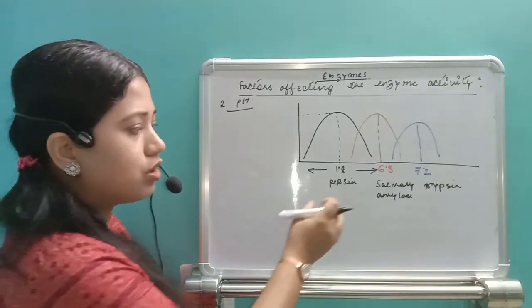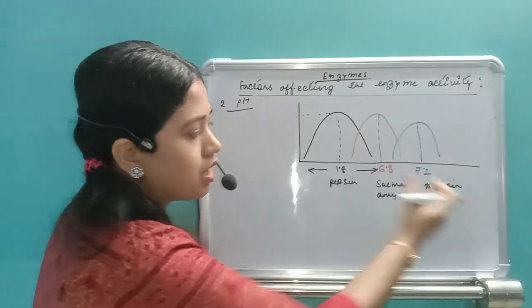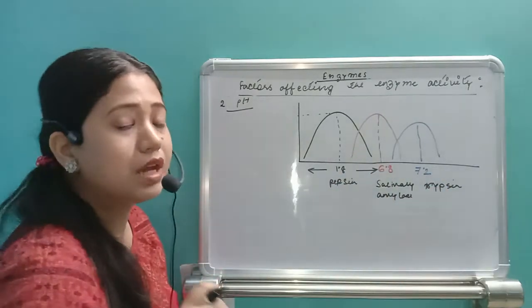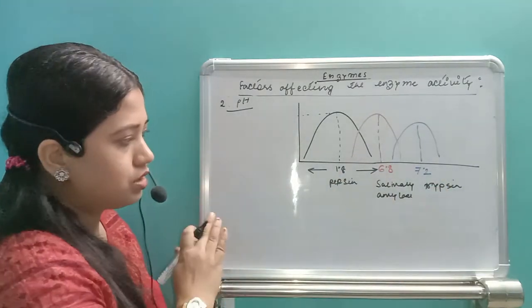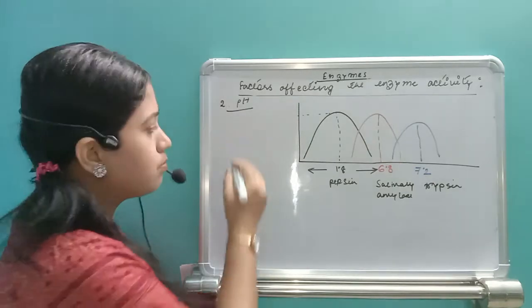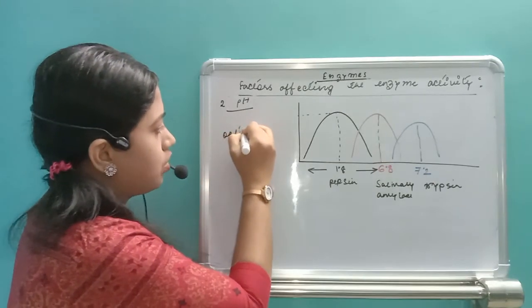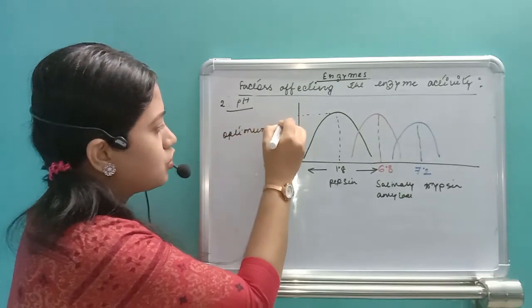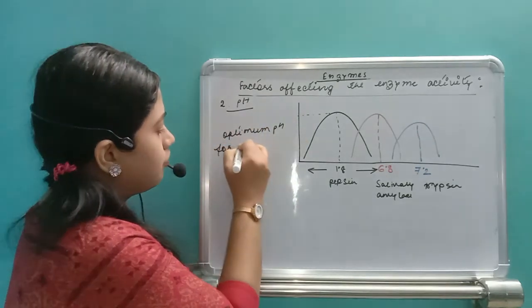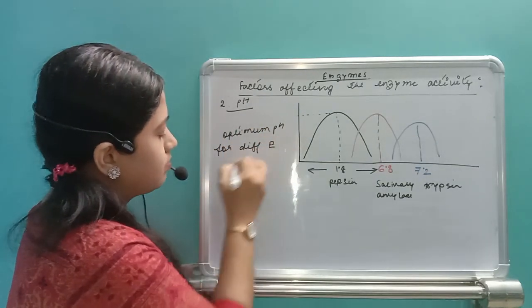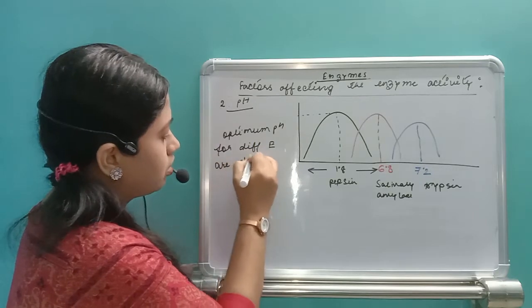So for different types of enzymes, there is a specific pH we can see. This is for the pH, the optimum pH. Optimum pH for different enzymes is different.